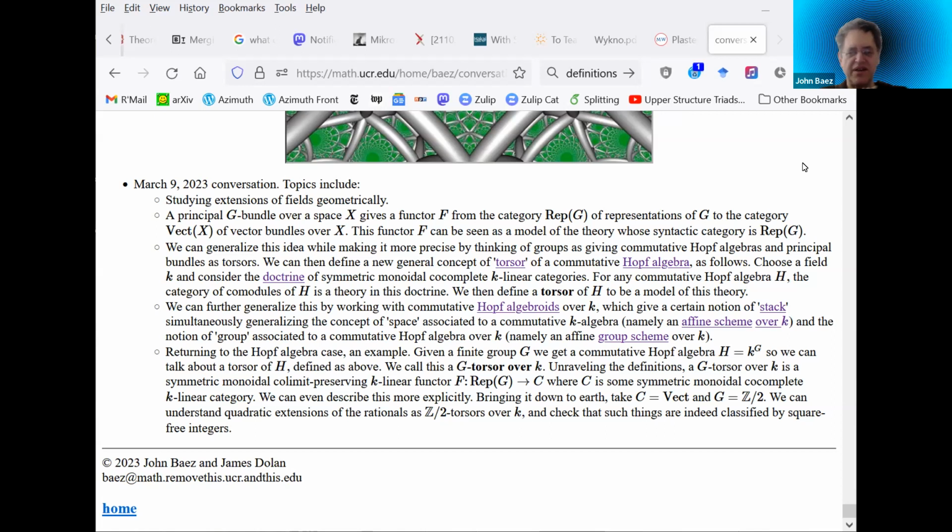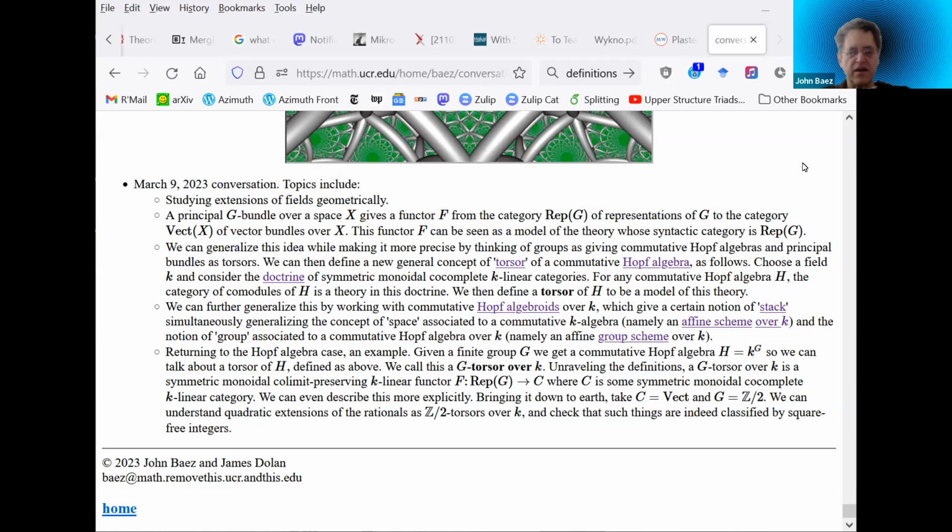And so, what is it? Well, a G-torsor over K is going to be, here I describe it in a fancy way, following the rules, a model. So it's a symmetric monoidal colimit preserving K-linear functor from the category of representations of G to some C, which is some other symmetric monoidal cocomplete K-linear category.